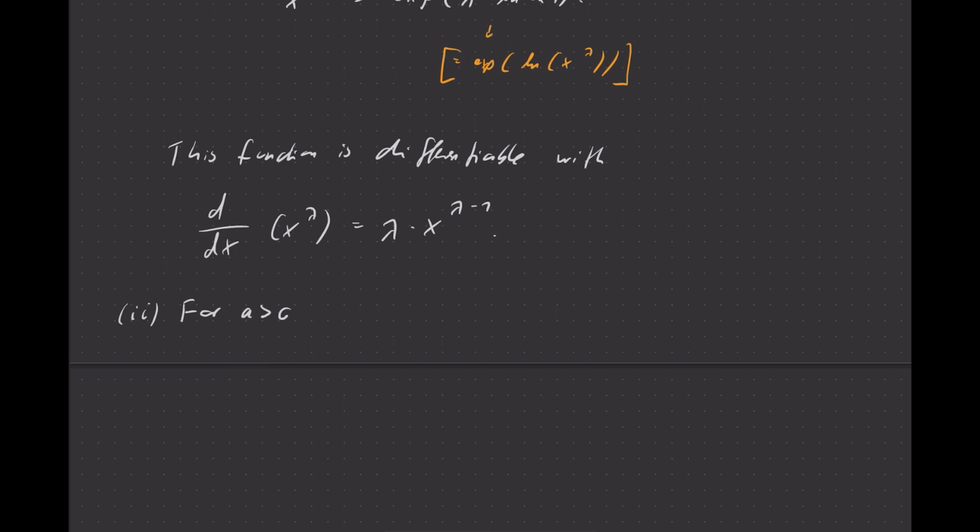So for a strictly positive, we can then define a generalized exponential function, a to the power of x. So this time a is constant, the base is constant, and the power, the exponent, is x, the variable.